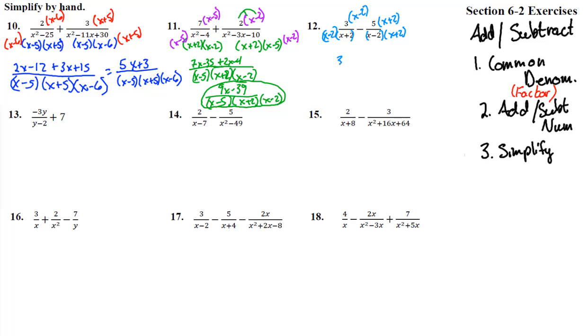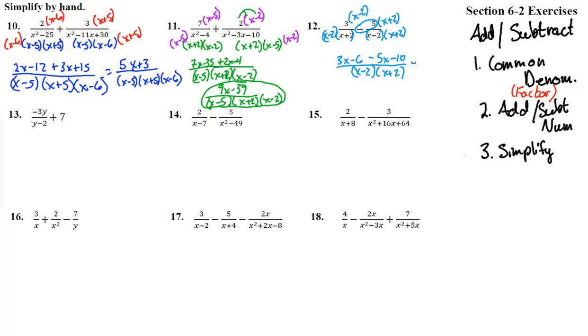So we get 3x minus 6. That's that one. Then this negative, watch out for this. That minus 5 sticks all together. Minus 5x minus 10 over the common denominator of x minus 2, x plus 2.